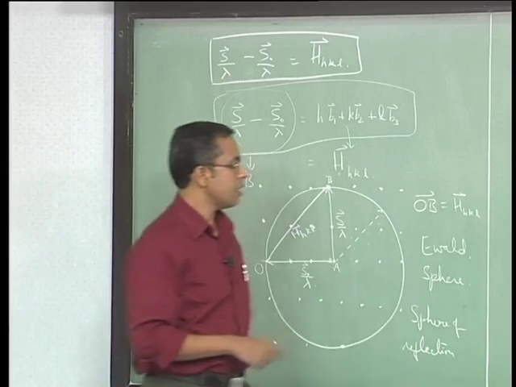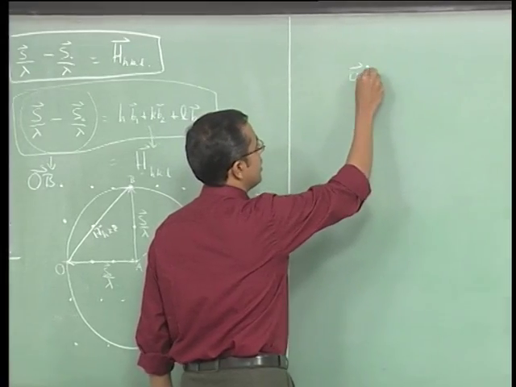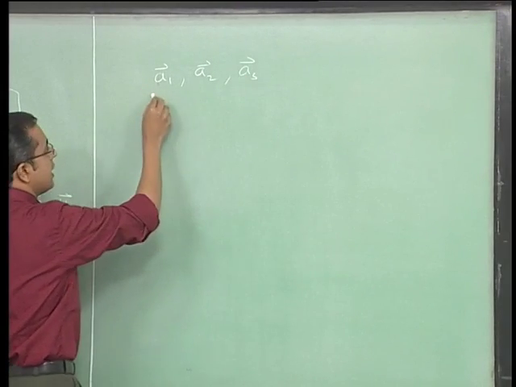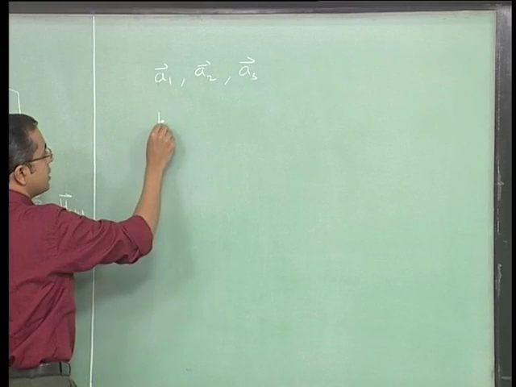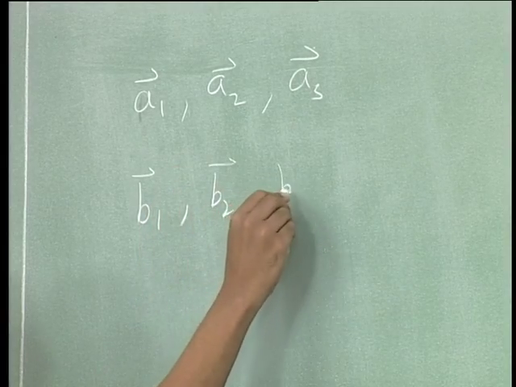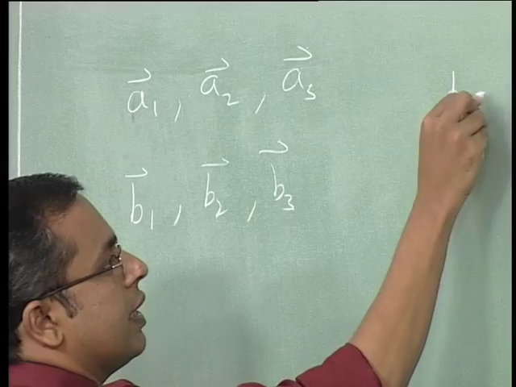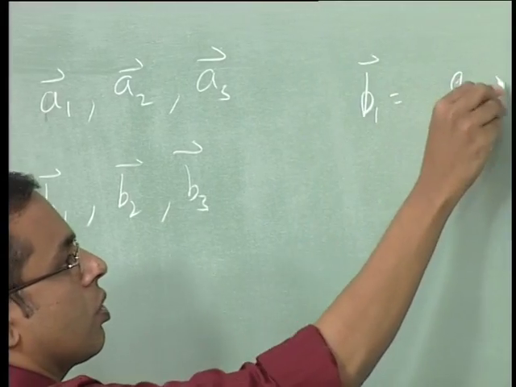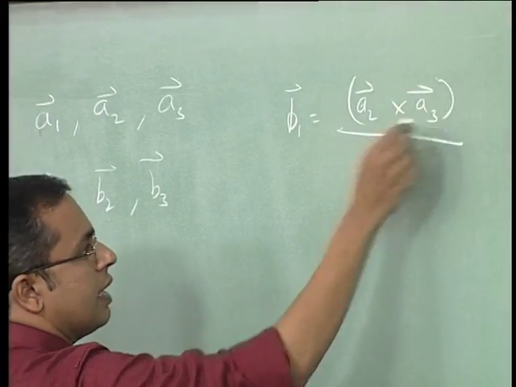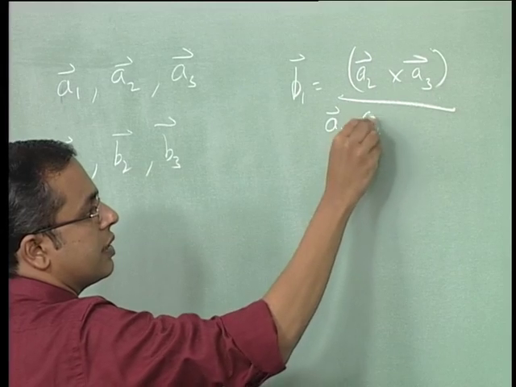Okay. Now, so far we have simply said A1, A2 and A3 are real lattice vectors, which then give us a set of reciprocal lattice vectors B1, B2 and B3, based on the relationship that B1 is A2 cross A3 divided by the volume, which is simply A1 dot A2 cross A3.